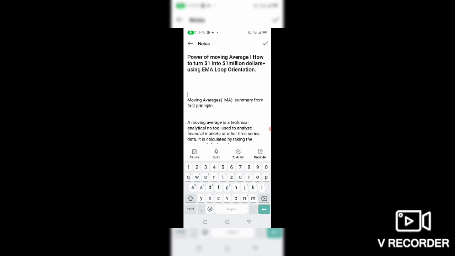While the simple moving average is for long-term traders like position traders, the EMA is for short-term or medium-term traders. So we shall be discussing more of EMA than the simple moving average.